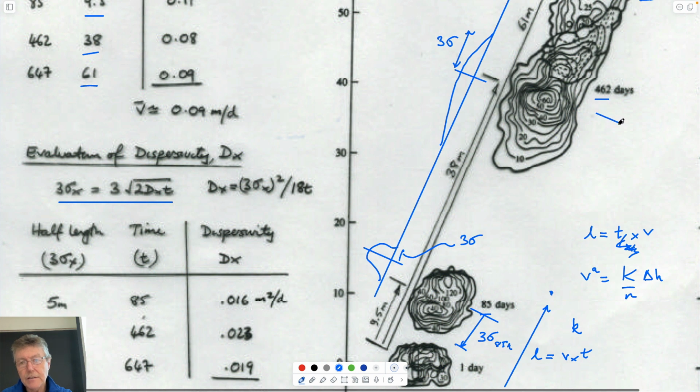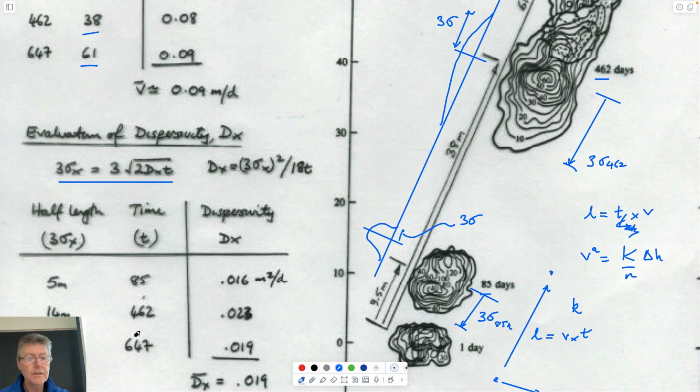This looks like this length here is 3 sigma at 462 days, which is what this is. So this must be, yeah, looks about right. This is 5 meters estimated. This is 14 meters. And I've just scaled it off from here. These are the times at which it occurred. Times are in days.